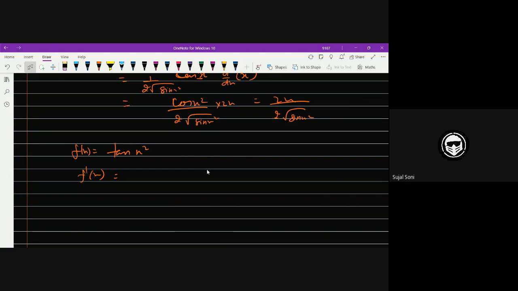Derivative of tan x will be sec square x, secant square x. In place of x, we have x square, so we will take x square and multiply by the derivative of x square. So final answer will be 2x sec square x square. And in this way, we apply the chain rule.